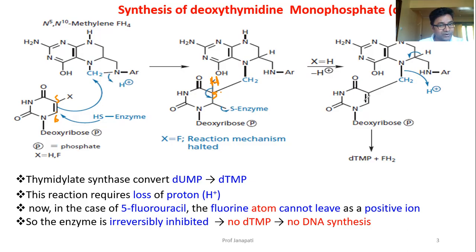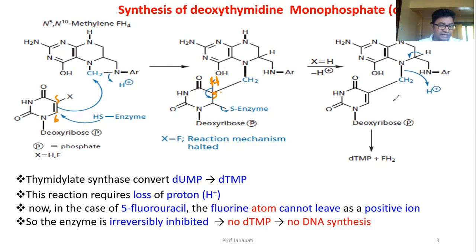When it becomes a pi bond, the enzyme is getting dissociated, and this structure you are getting.